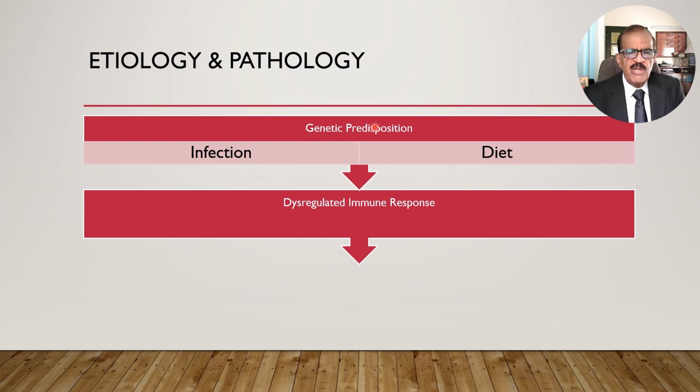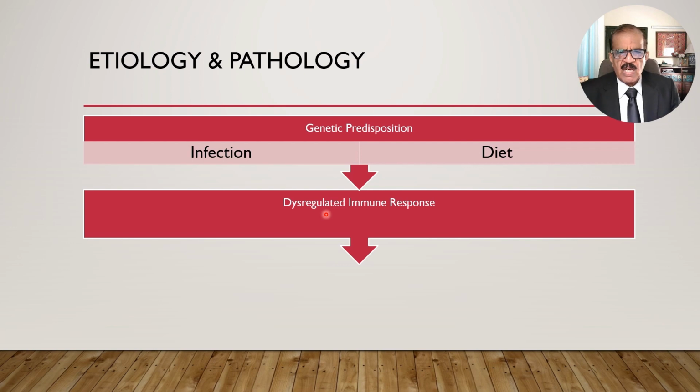Then this genetic predisposition, together with infection and diet, actually leads to a dysregulated immune response. You know, our gut is full of immune system. That is because it is one source of possible invasion of bacteria into our system.